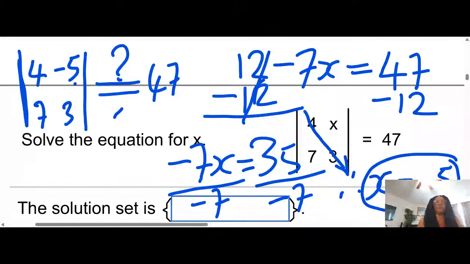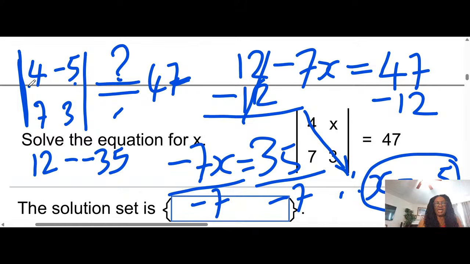So I should be able to answer this question now. Is the answer that I calculated equal to 47? Okay, so 4 times 3 is 12. Minus 7 times minus 5. 7 times 5 is 35, but I have minus in there, so this is plus 35.